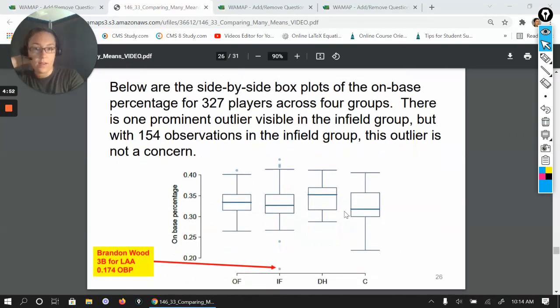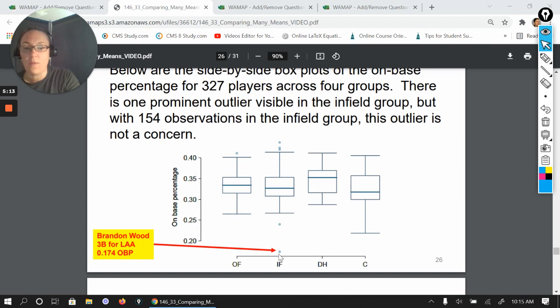Below are the side-by-side box plots of the on-base percentage for 327 players across 4 groups. There is one prominent outlier visible in the infield group, but with 154 observations in the infield group, this outlier is not a concern. If you really wanted to know who that was, Brandon Wood, and he played for the LA Angels, I guess.